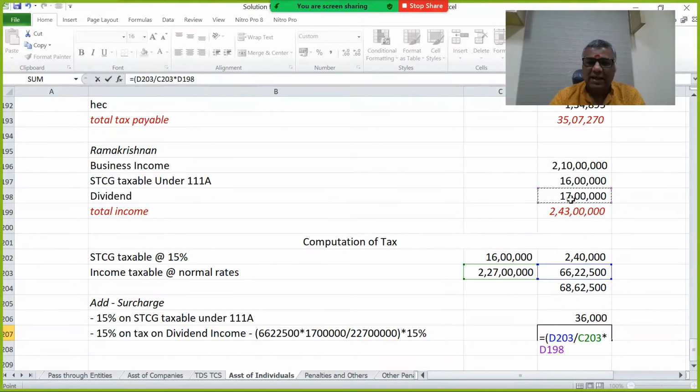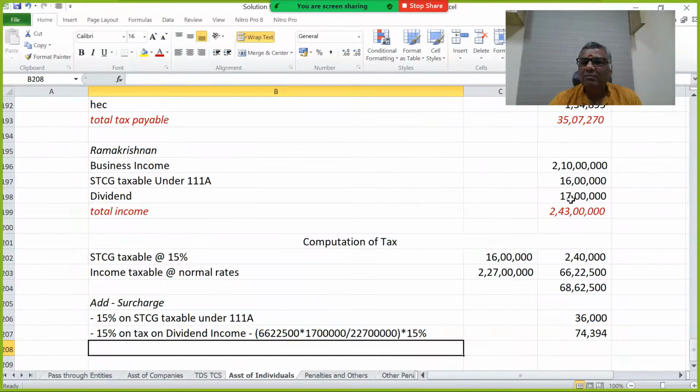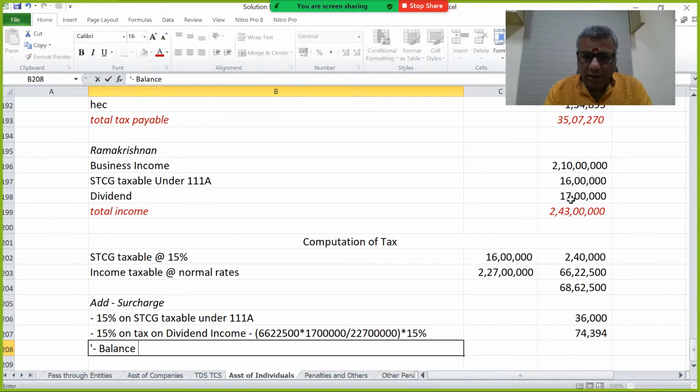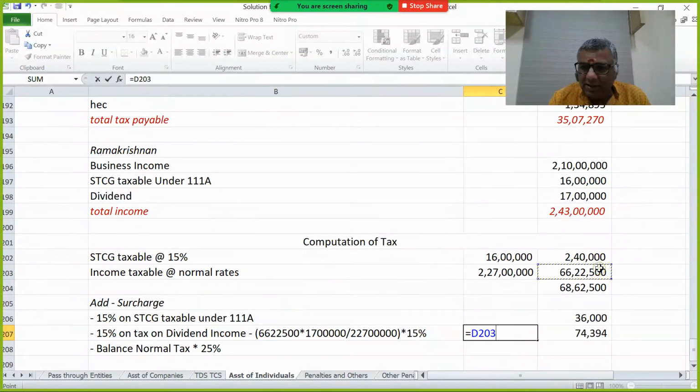What is my tax on 17 lakh into 15%? On this 15%, the balance normal tax into 25%.